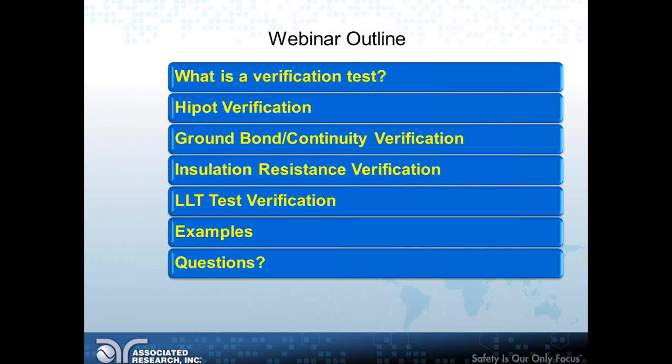And here's an outline of what we will be covering today. First of all, we're going to try and understand what a verification test is, why it is required, and what the importance of it is. Next, we're going to quickly review the 5 most common types of electrical safety tests that we already did in our last webinar, but we're going to go over these again. That includes the ground bond, the ground continuity test, the Hipot or dielectric withstand test, the insulation resistance test, and the line leakage test.